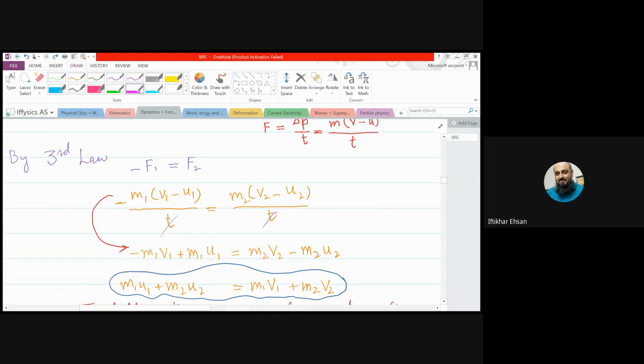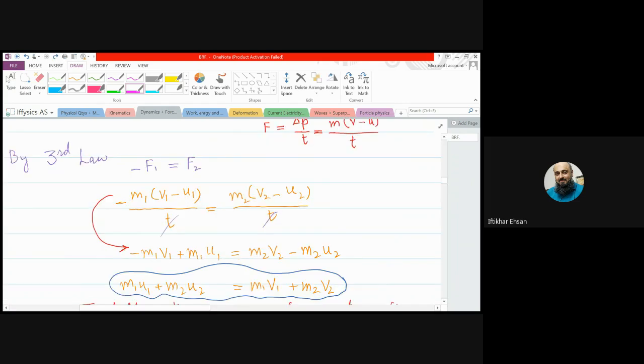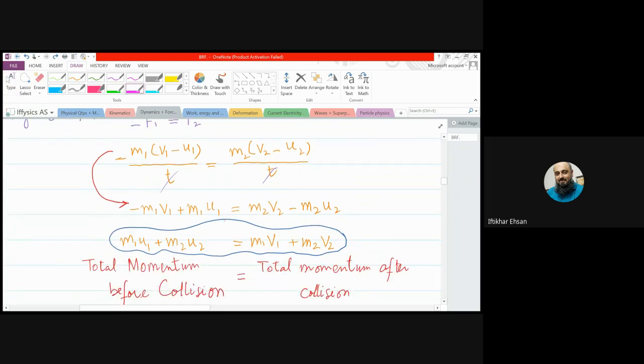Now what do we do? We rearrange them and write the values of u on one side like this. This minus m2 u2 will become positive on this side, right? Beta, how are we rearranging? We are writing the values of u on one side. So this m2 u2, which is negative, when moved to this side becomes positive.